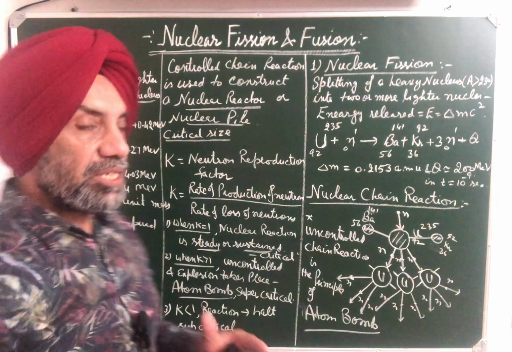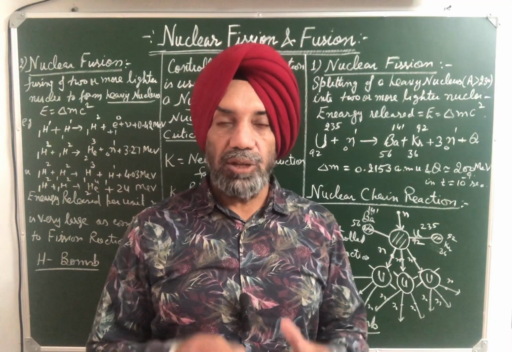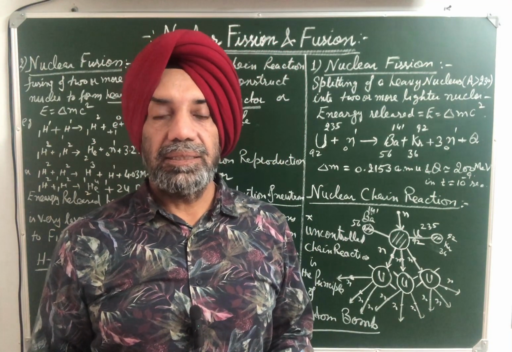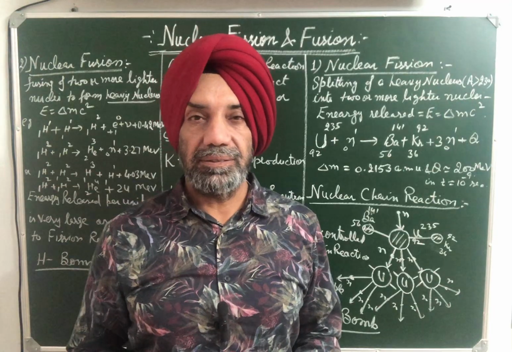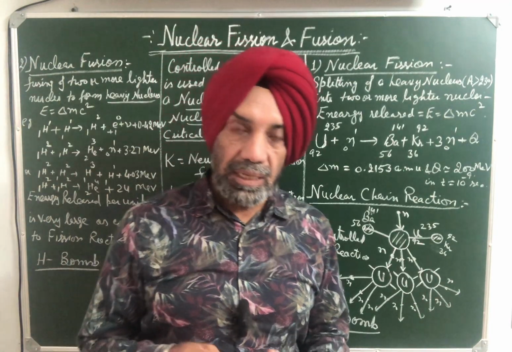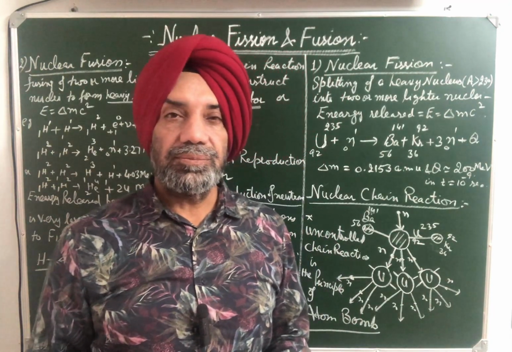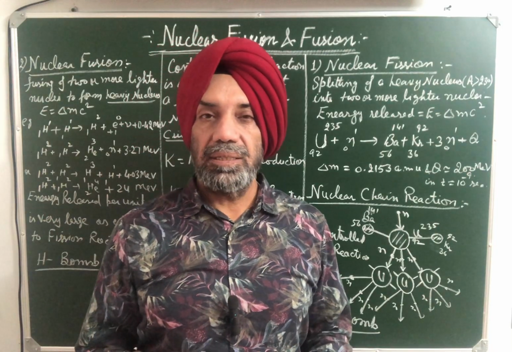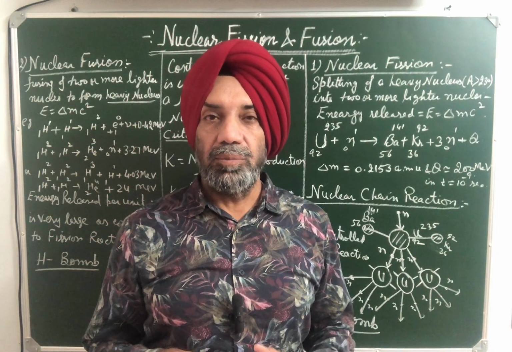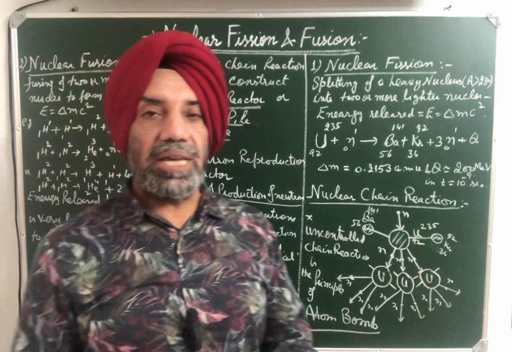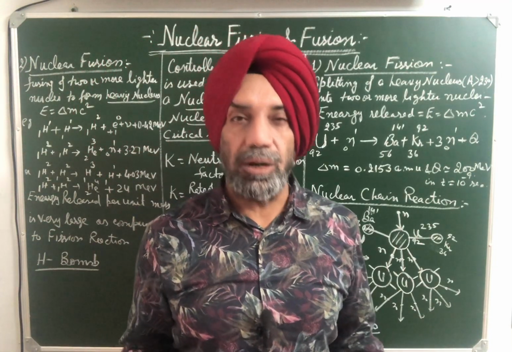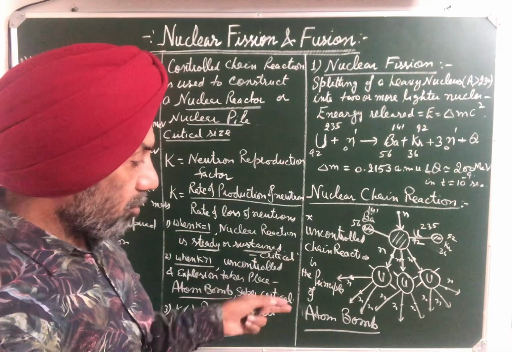So it is made of two pieces. The size of each piece is less than some critical size, because when the size of the sample increases more than the critical size, some particular size, then the reaction becomes uncontrolled. That's why it is made in two pieces.